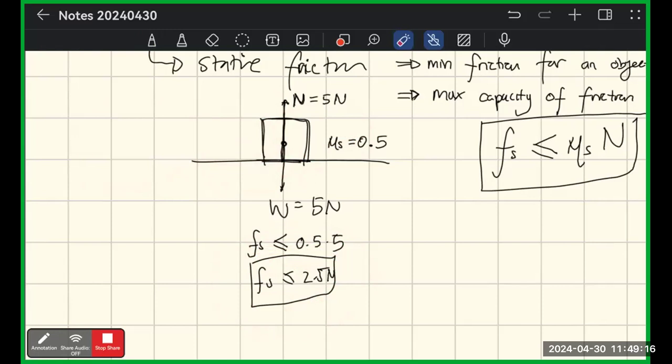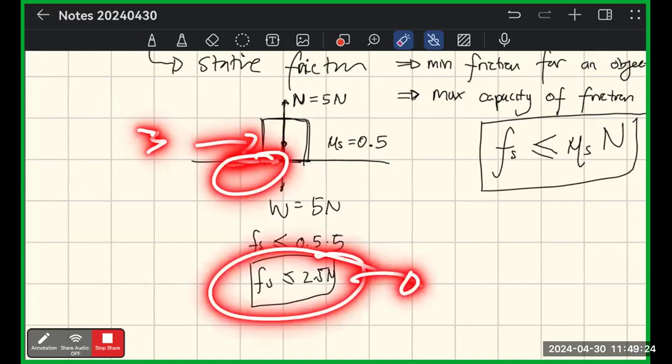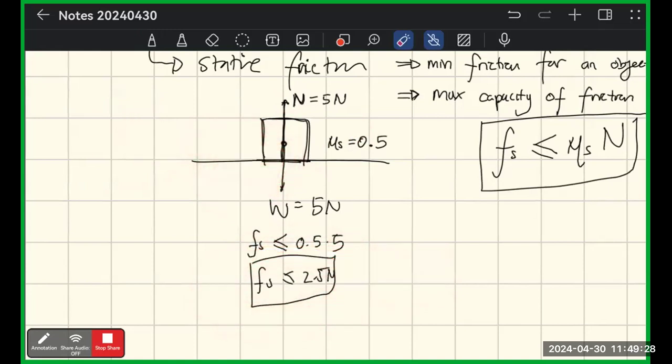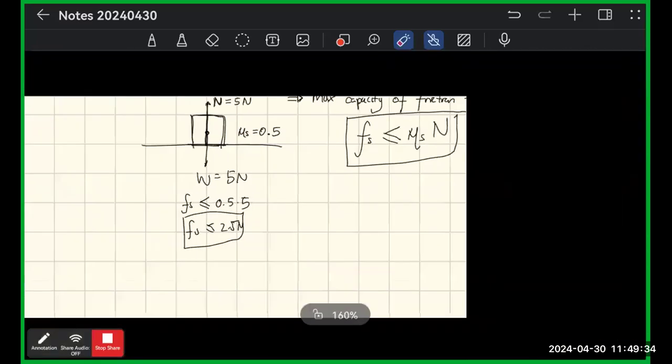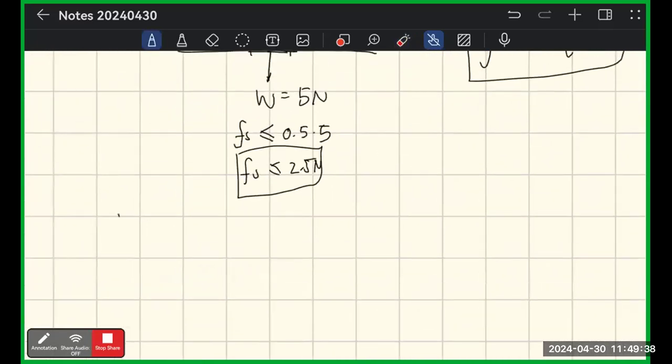So if you give 3, the maximum is only 2.5. This friction will disappear and transfer to the next friction force, which is the kinetic friction force.